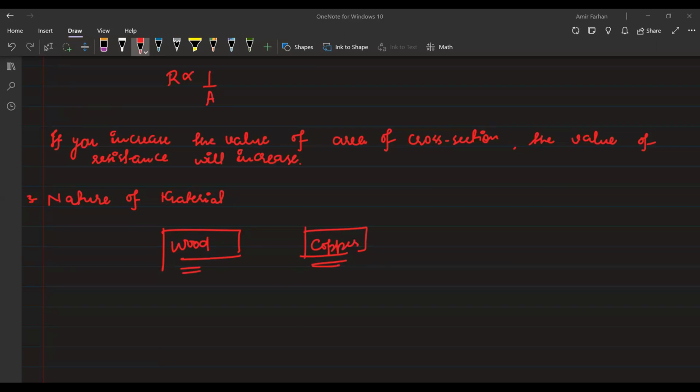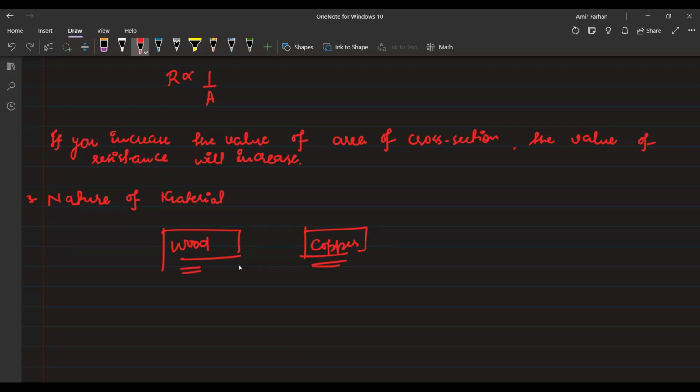Are you able to conduct electricity through wood? Is it possible to flow electrons through wood? I'm asking about higher resistance. Wood has much higher resistance than copper, because wood is an insulator.